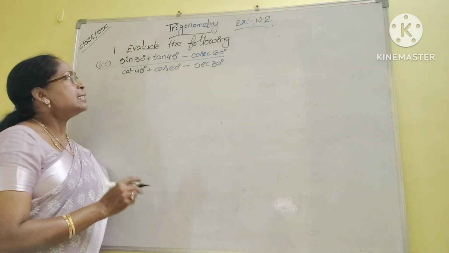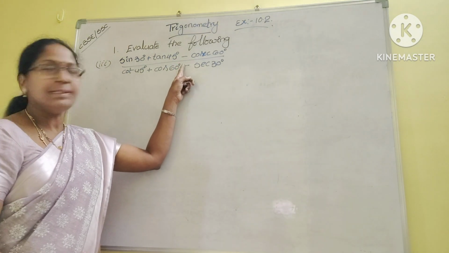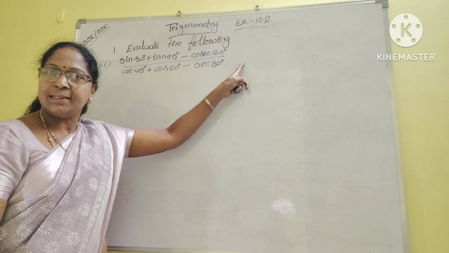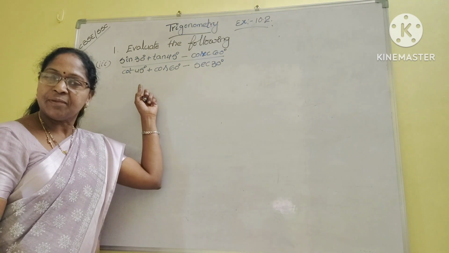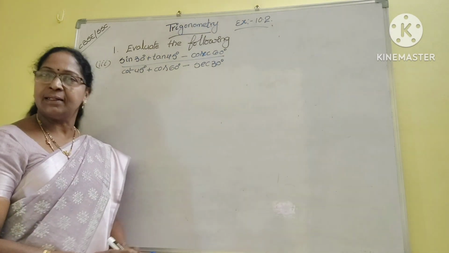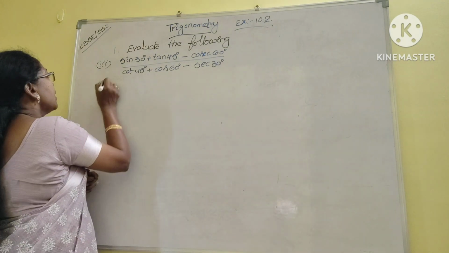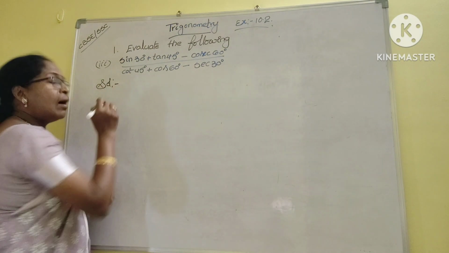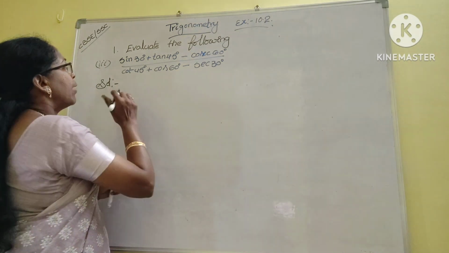Sin 30 degrees plus tan 45 degrees minus cosecant 60 degrees by cot 45 degrees plus cos 60 degrees minus secant 30 degrees. Now first you write down all the values, or you can also substitute the values directly.